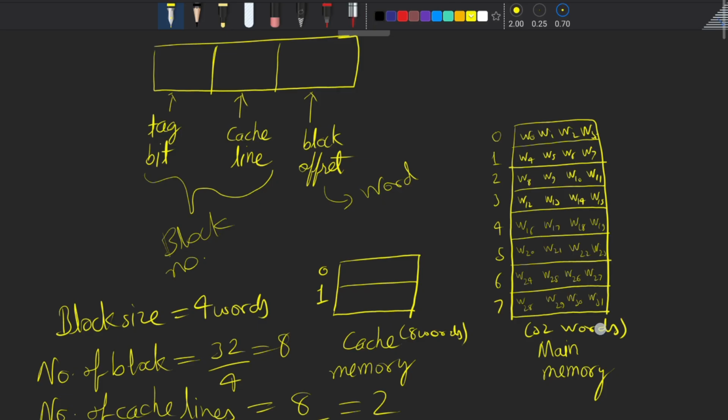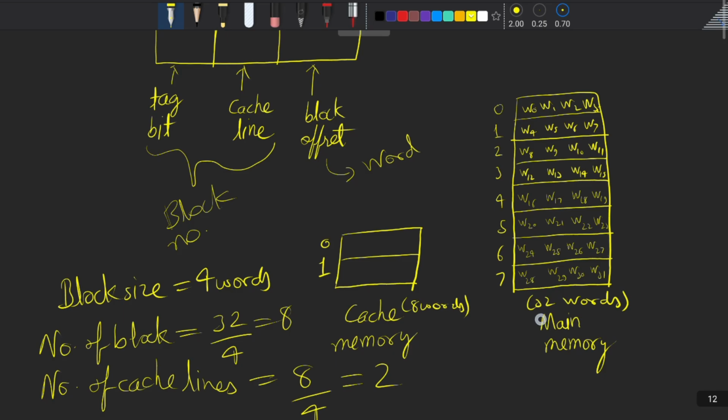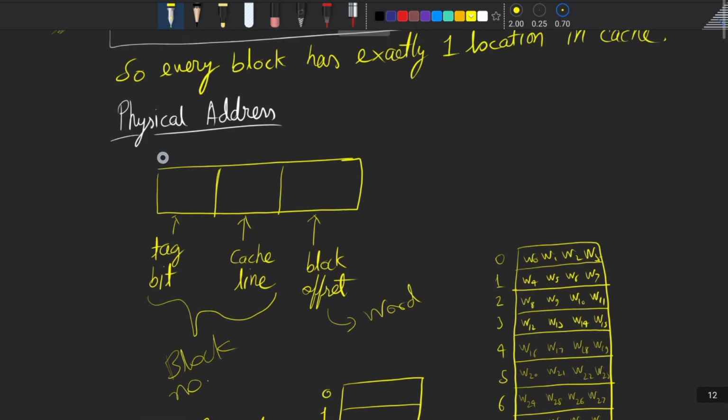Now we have to determine how many bits we have in the physical address. Since we have 32 words, and 32 is equal to 2 to the power 5, we will need 5 bits in our physical address. So we will have a total of 5 bits.